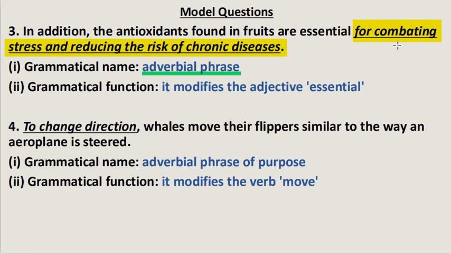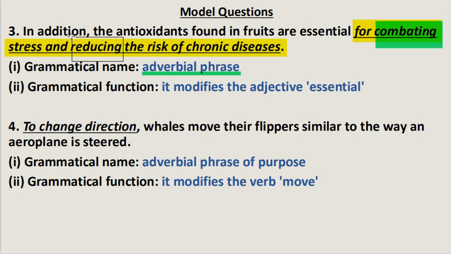Although it contains 2 verbs, the 2 verbs, combating and reducing, are non-finite verbs. But then, I do not really know whether it is adverbial phrase of reason or purpose, the way it is in the sentence. I am sure that it is an adverbial phrase, but I do not know the type it is. So in this case, I will just write adverbial phrase and stop, since I am not sure of the type. Now let's look at the function.